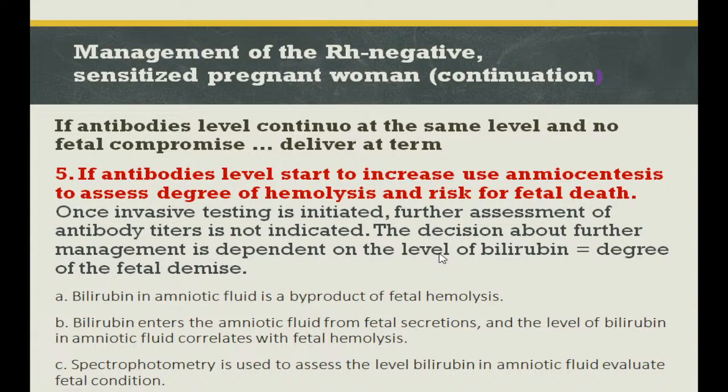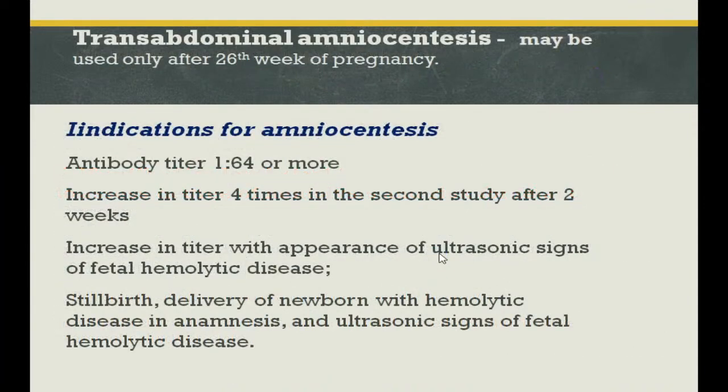Bilirubin in amniotic fluid is a byproduct of fetal hemolysis. Bilirubin enters the amniotic fluid from fetal secretions, and its level correlates with fetal hemolysis. Spectrophotometry is used to assess the level of bilirubin in amniotic fluid to evaluate fetal condition.